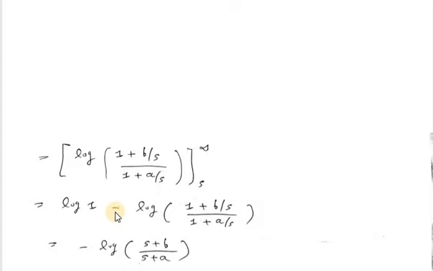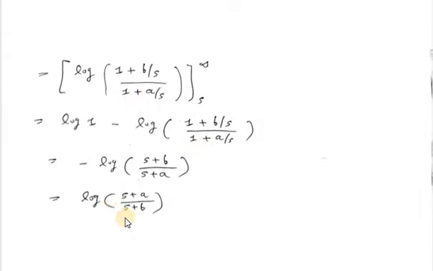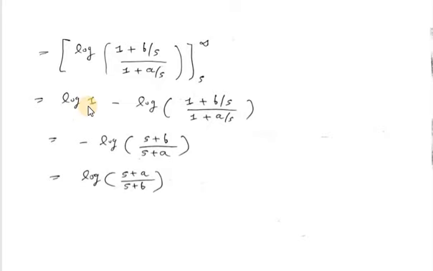Then after the minus sign, we have to put the lower limit s. So in place of s we put s, and we will have this same function: minus logarithm of 1 plus b over s divided by 1 plus a over s. Now the logarithm of 1 is 0; the value of log 1 is 0.